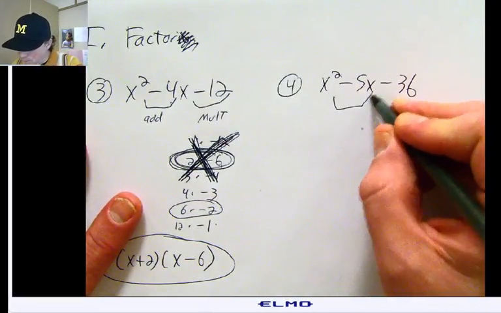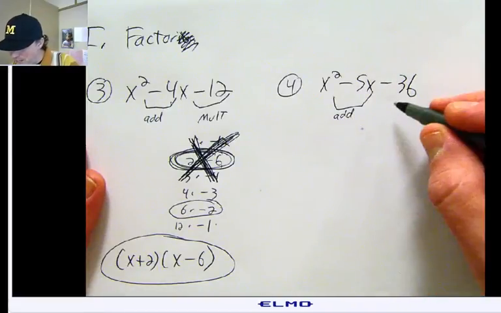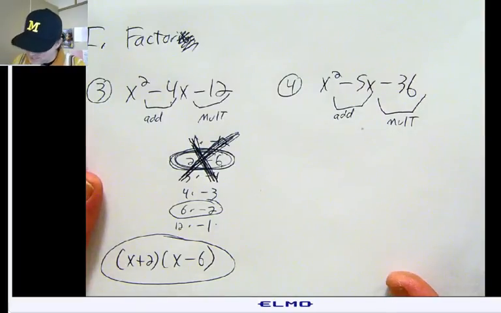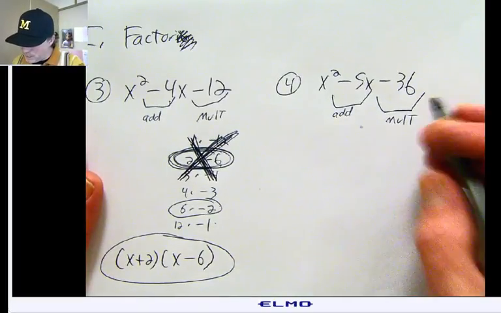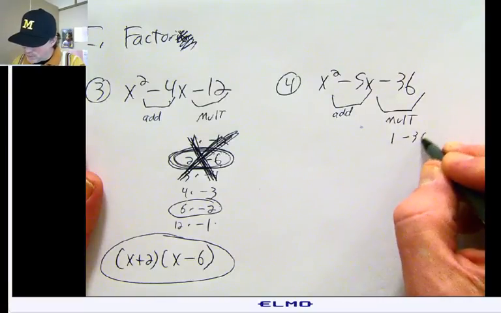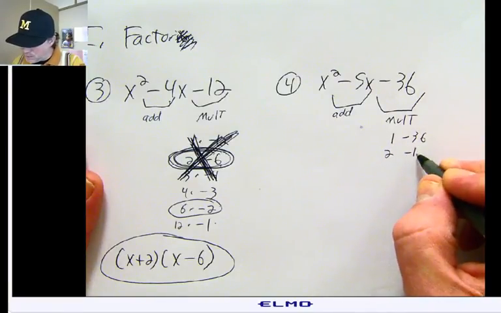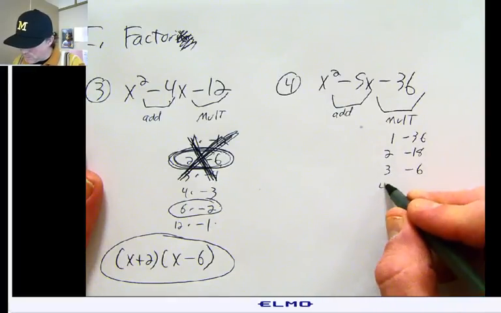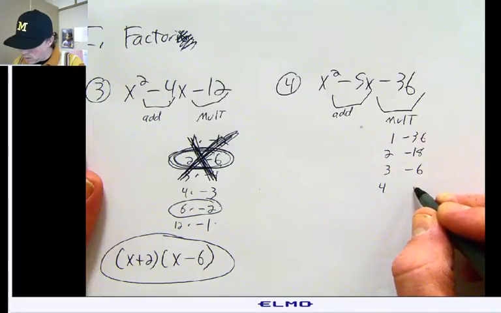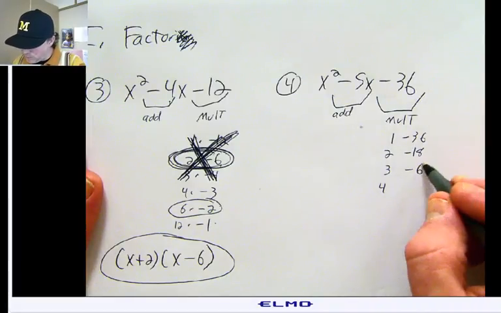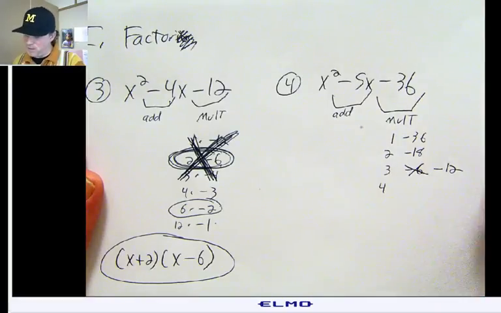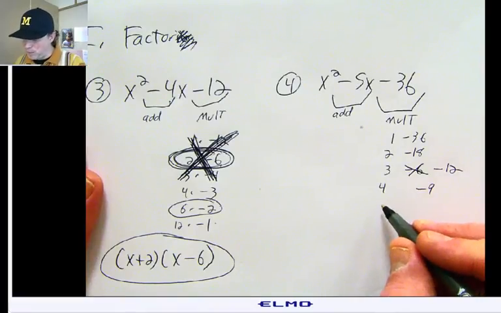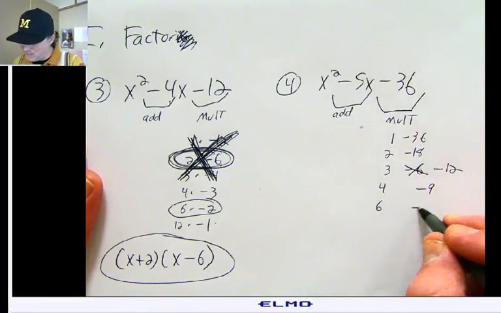Okay, same thing here. I'm looking for two numbers that add up to negative 5 yet multiply to negative 36. And let's see. So it could be 1 and negative 36, 2 and negative 18, 3 and negative 12 to multiply to negative 36, 4 and negative 9, 5 doesn't multiply, 6 and negative 6.